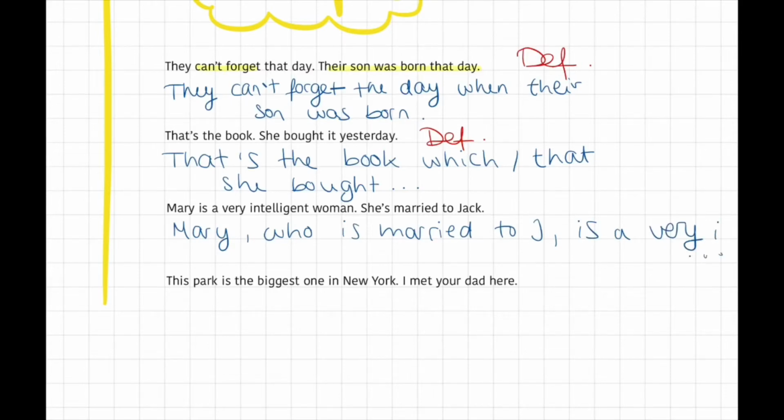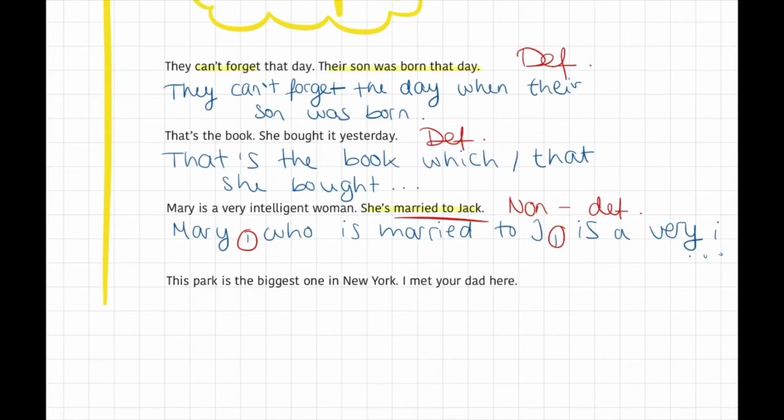So, is this sentence essential for the meaning of the sentence? No, it's not. It's giving us extra information. So, if we are not sure about who Mary is, we have the information that she's married to Jack. Okay? And as we can see, we're using commas to give the extra information. So, it's a non-defining relative clause.